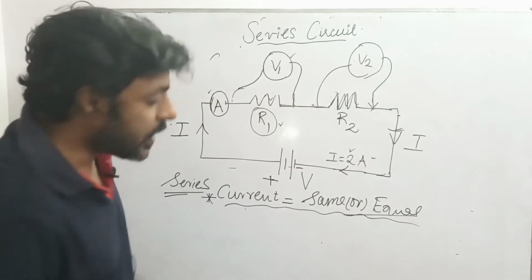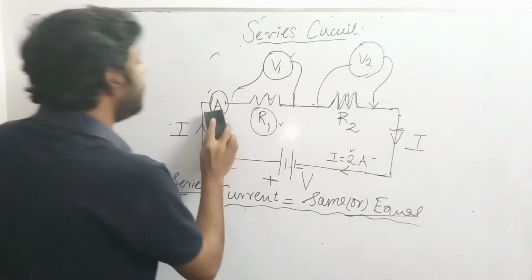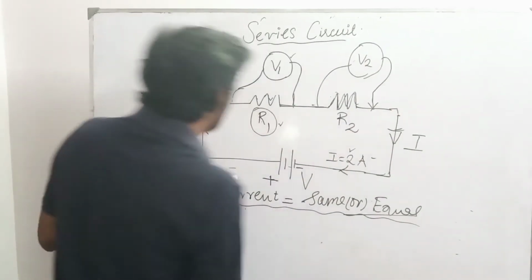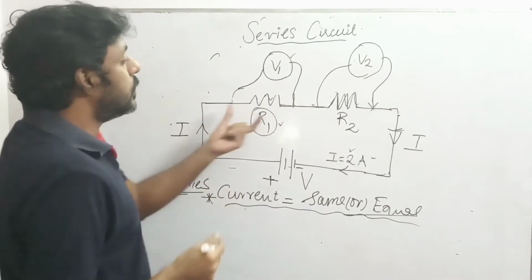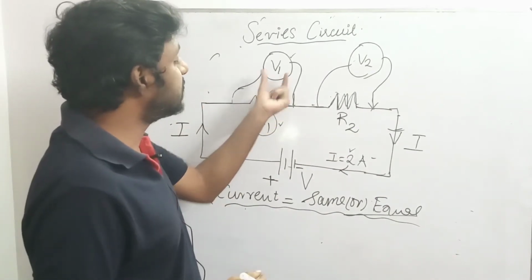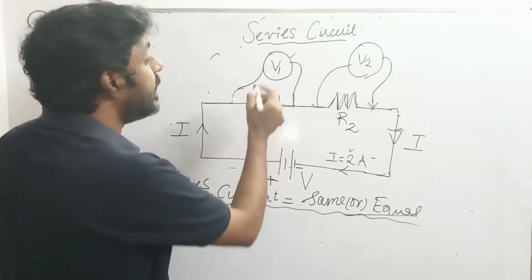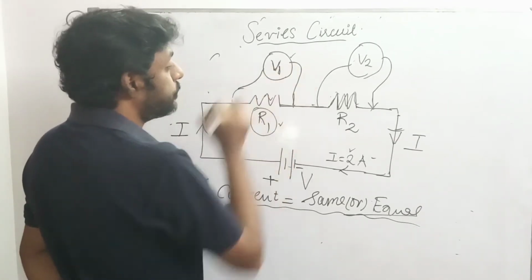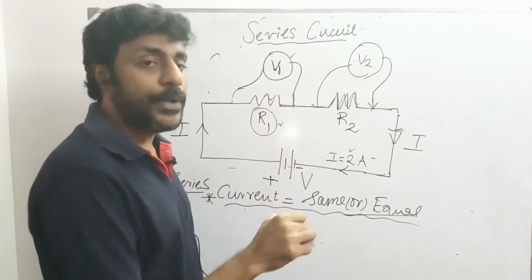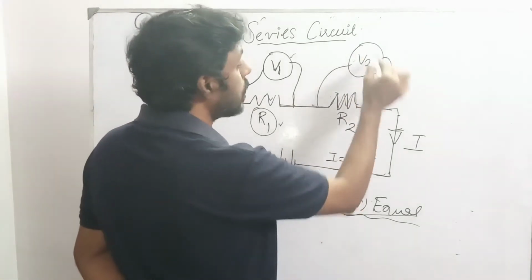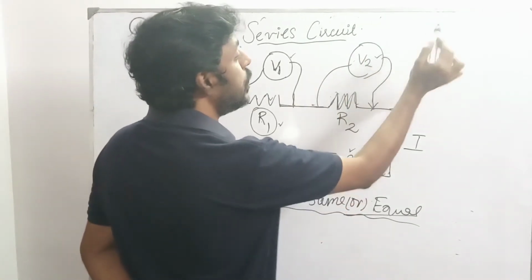So if you connect a voltmeter in this circuit, across the resistance R1, you will be getting a value V1. Similarly, if you take another voltmeter and connect it across R2, you will be getting another value V2.